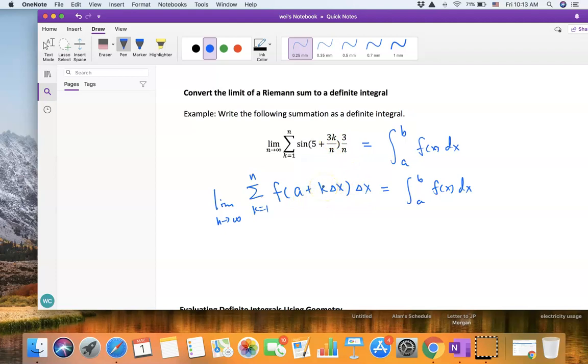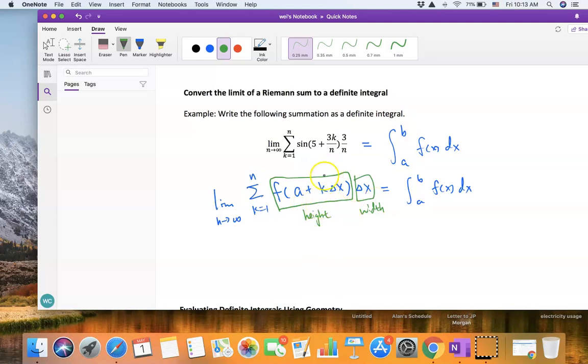Okay. So in the Riemann sum, each term has two components. The first component is a function, and the second component is this delta x. We said that the function stands for the height of a rectangle, and the delta x stands for the base, the width of the rectangle.